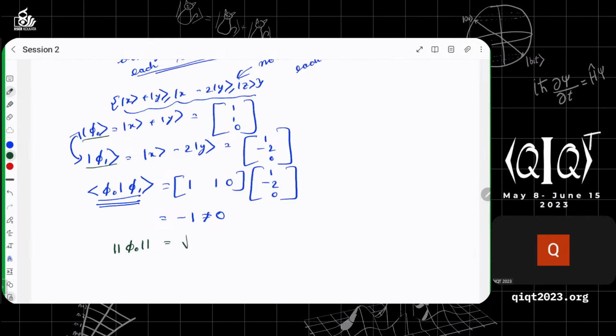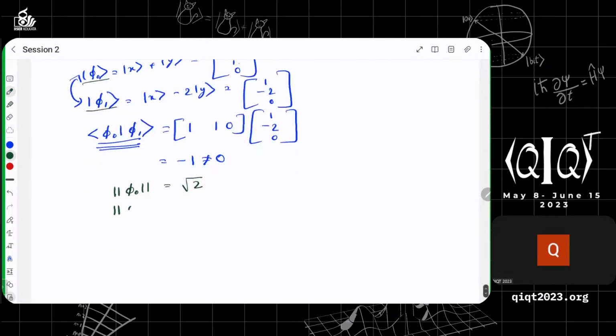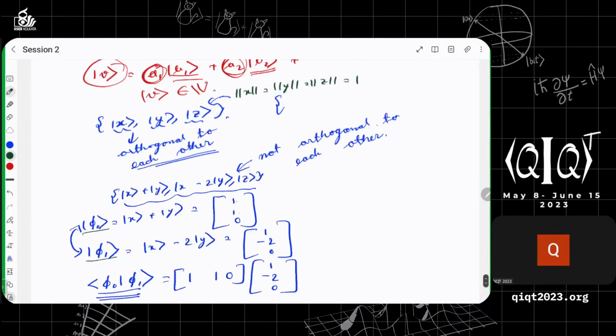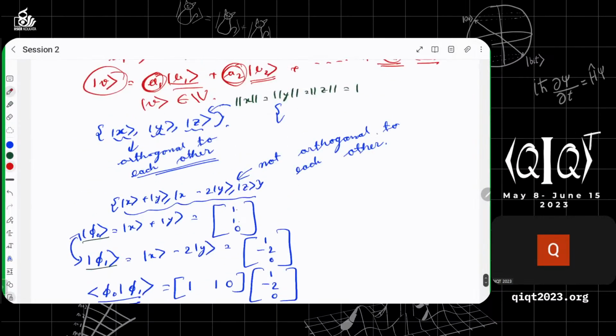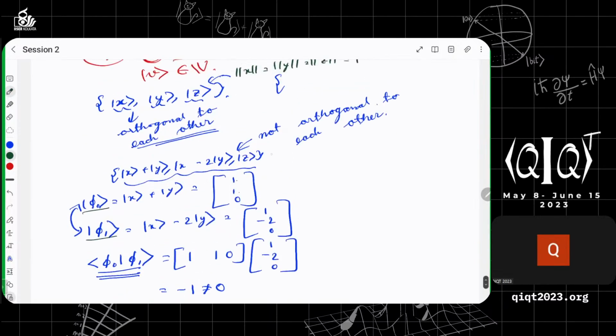It is basically root 2, because it is the square root of 1 squared plus 1 squared. And the norm of phi 1 is root 5. So they might not be unit vectors, or in other words, they might not be normalized.